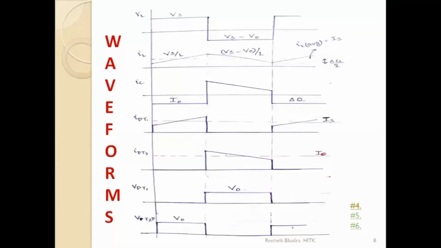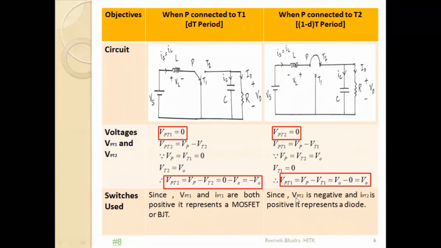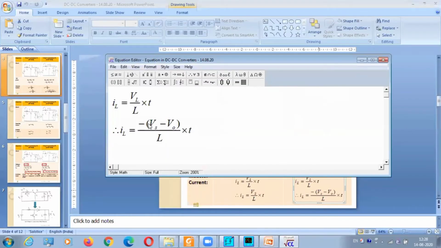So positive slope because Vs is positive, negative slope because this is negative. Let's correct it now.